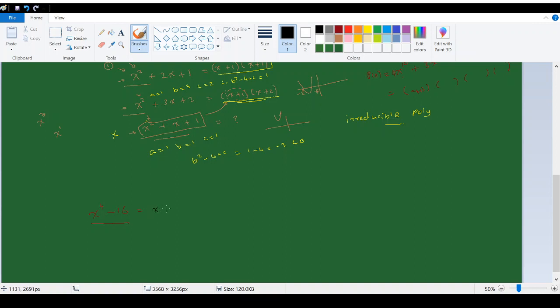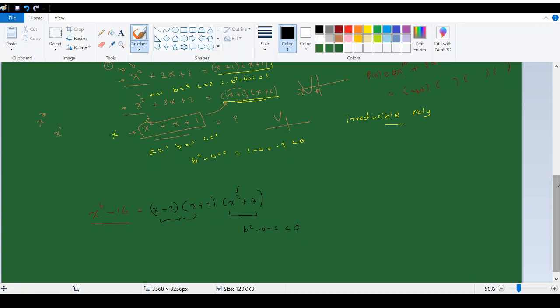So, if we consider x to the power 4 minus 16, then the mentioned factors will be x minus 2 times x plus 2 times x to the power 2 plus 4. See, these two are linear factors and this is an irreducible quadratic factor, right? This has degree 2 and the b squared minus 4ac value is less than 0 in this case.